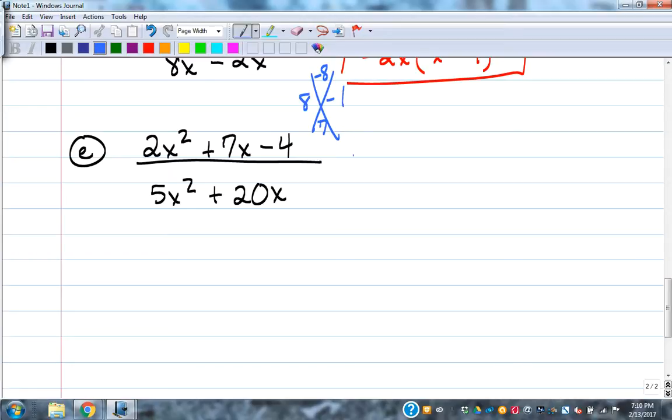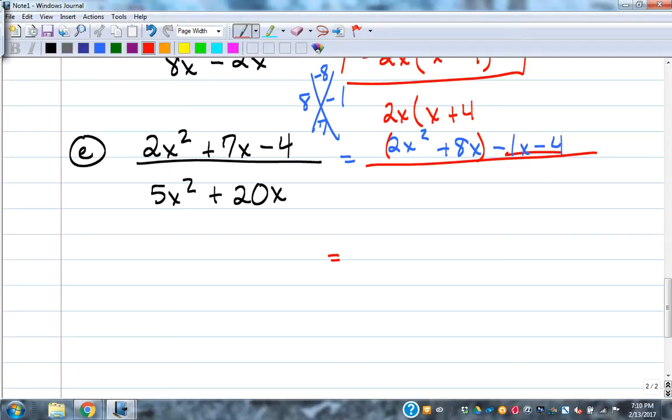Good. So I'm gonna have to do a little extra work here because I can't go straight to my factors. I got to do some grouping. So the top one, that's got 2x in common, x plus 4.